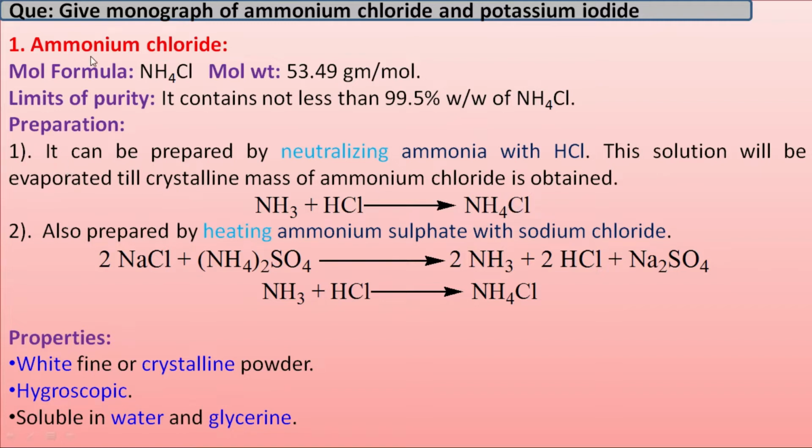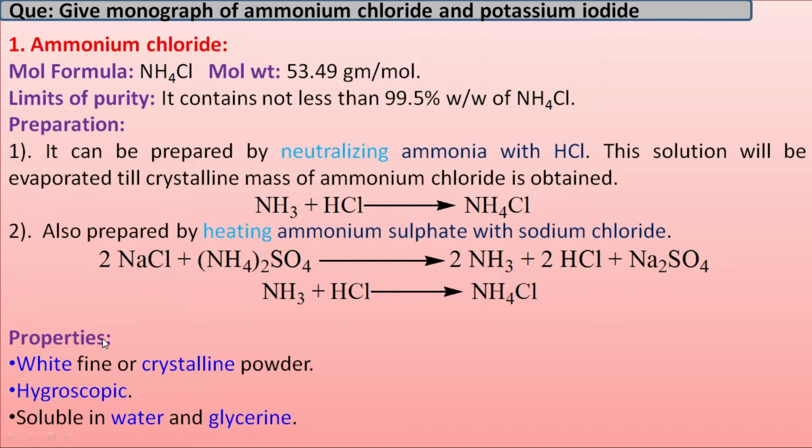Second, it can also be prepared by heating sodium chloride with ammonium sulfate, so that we will get 2 moles of ammonia, 2 moles of hydrochloric acid and sodium sulfate. Here ammonia will react with hydrochloric acid, so that ammonium chloride will be formed.